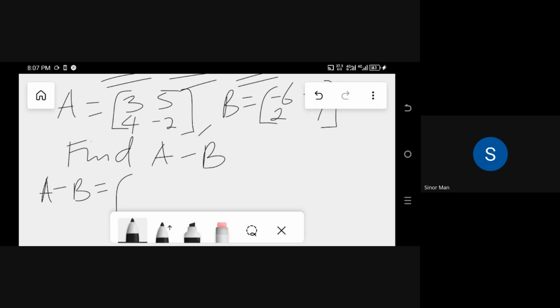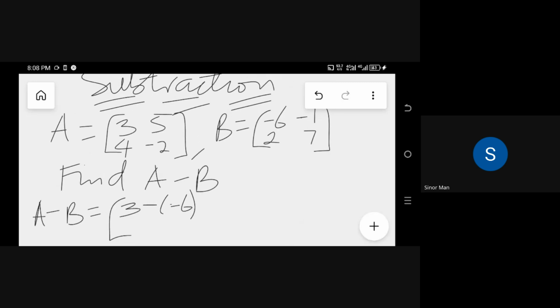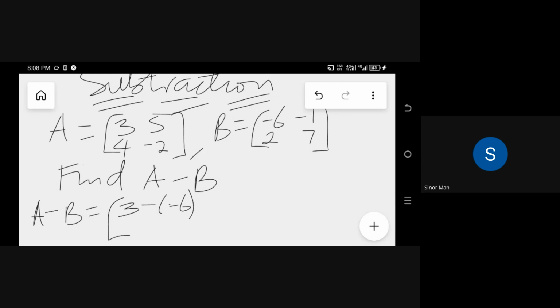So now you're actually doing 3 minus minus 6. This is what you're doing for that first one, 3 and minus 6.